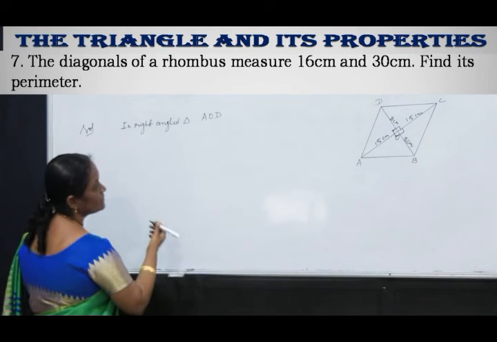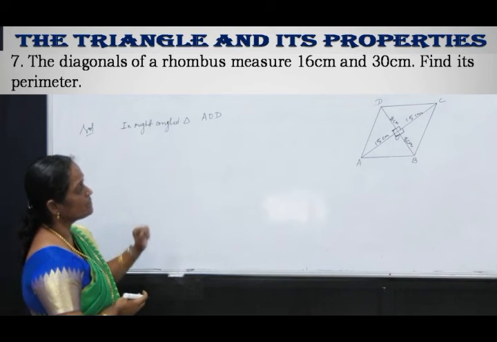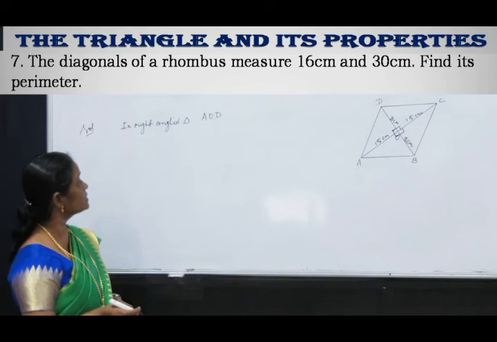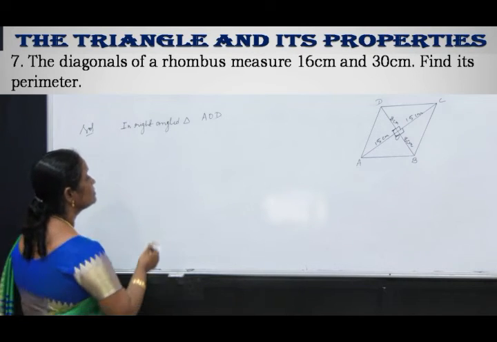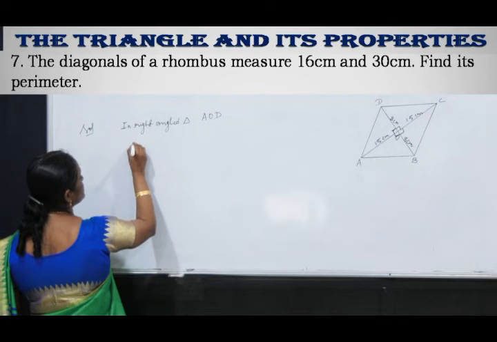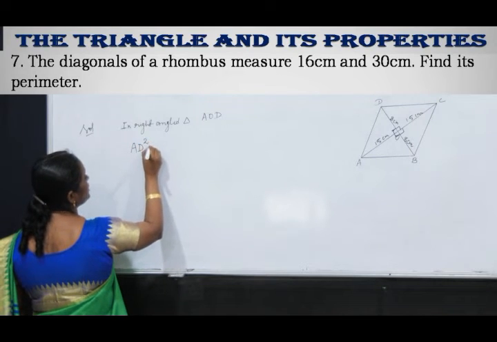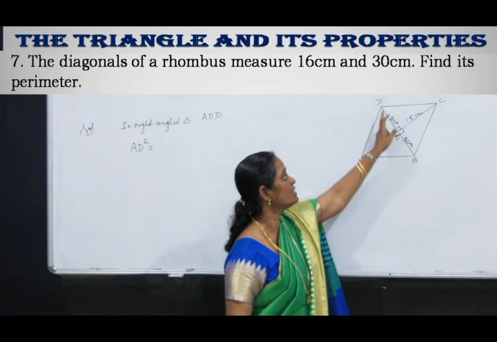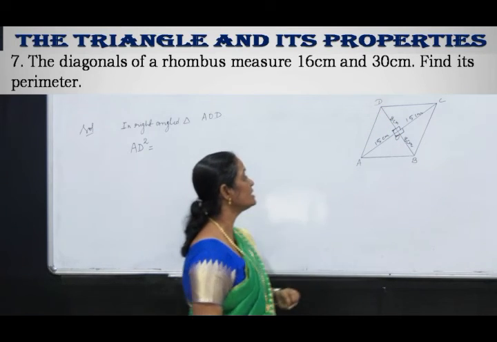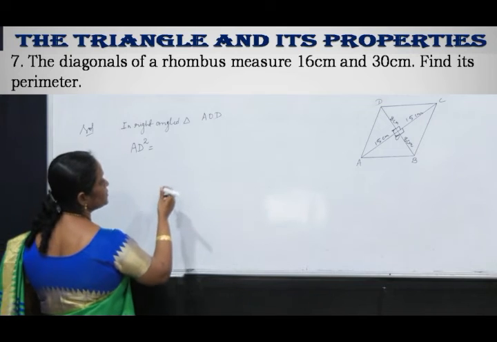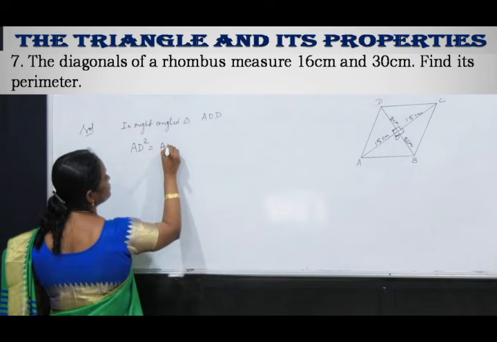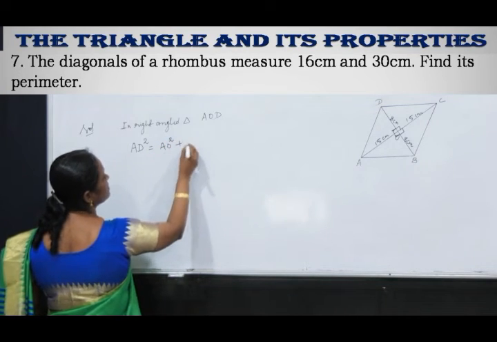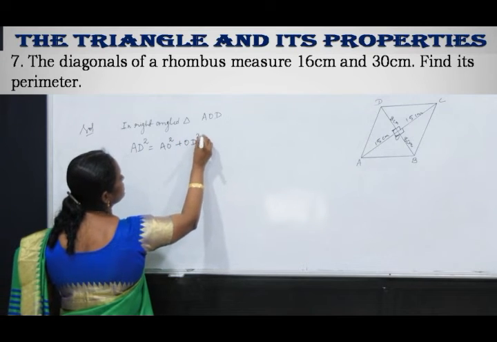So we know that in right angle triangle AOD we can apply the Pythagoras theorem. AD is the hypotenuse, the side opposite to the right angle. The right angle is angle AOD. So AD square is equal to AO square plus OD square.